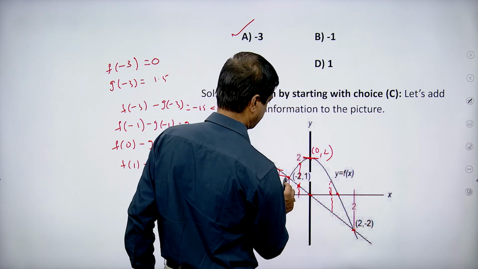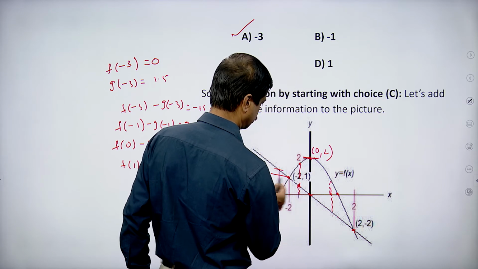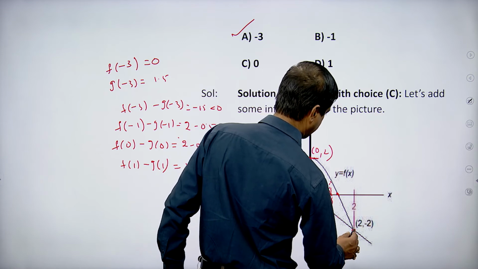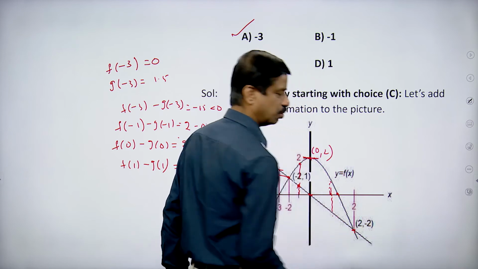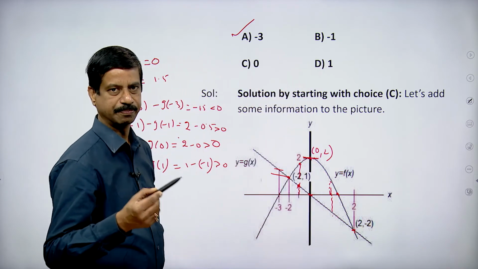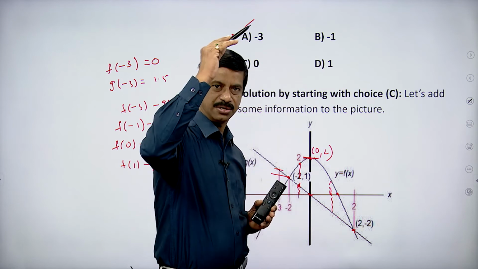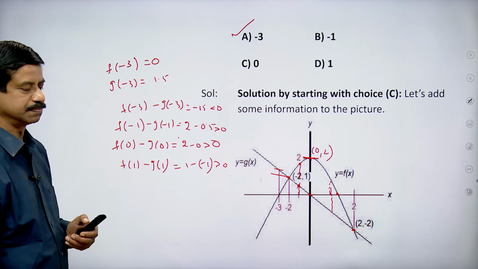You see, before minus 2 and after 2, the curve is lesser than the line. Between minus 2 and 2, the curve is above the line. Right, children? This is what you need to understand. Take the screenshot, quick.